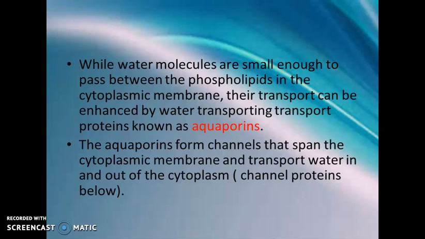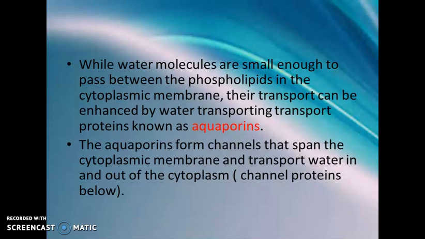While water molecules are small enough to pass between the phospholipids in the cytoplasmic membrane, their transport can be enhanced by water transporting proteins called aquaporins. So what do we mean by aquaporins? They are transport proteins which enhance the transport of small water molecules.